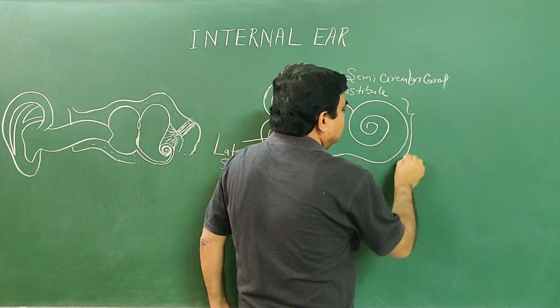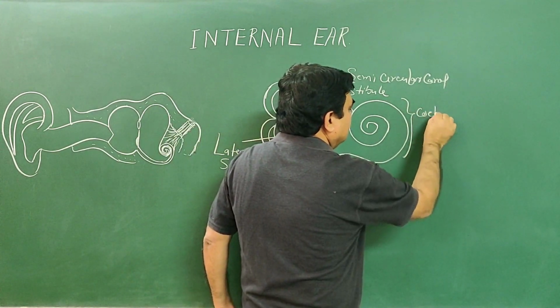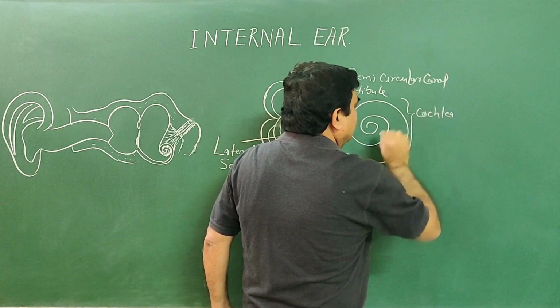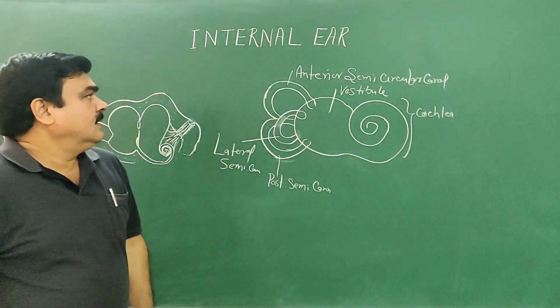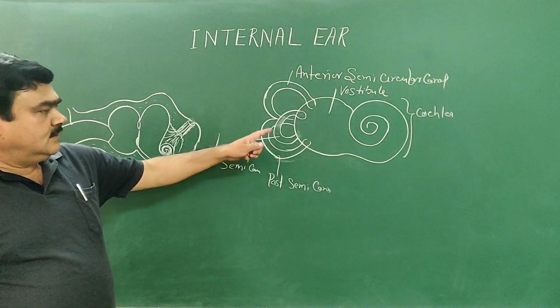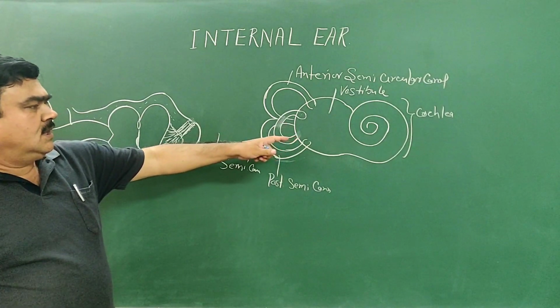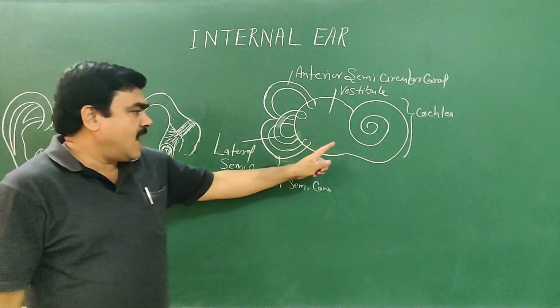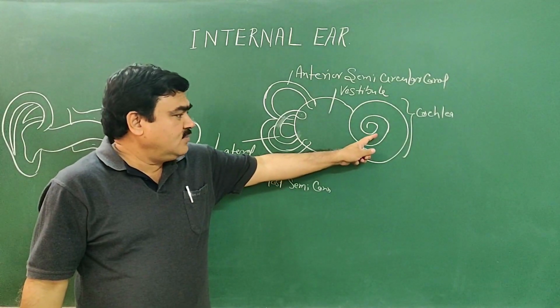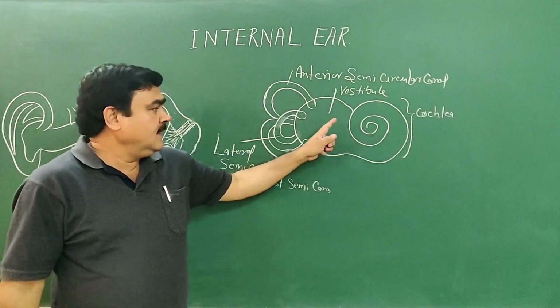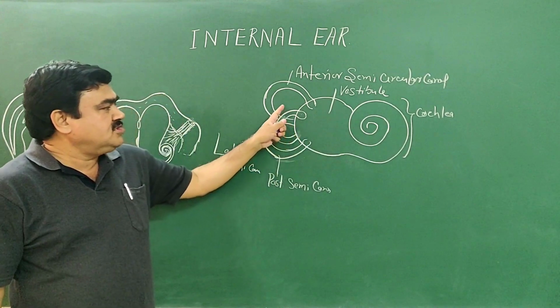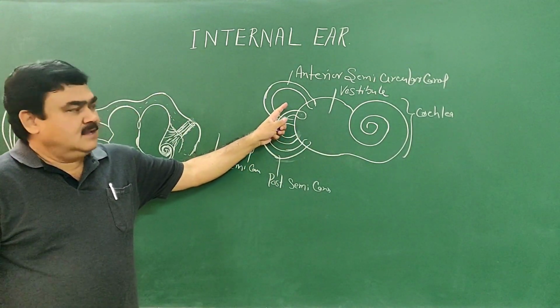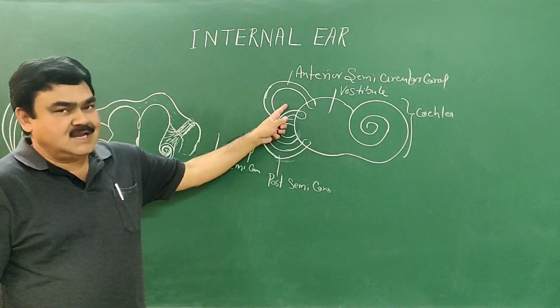Now we discuss the cochlea. In the internal ear, the anterior most structure is the cochlea, then the vestibule, and this is the posterior most structure. Anterior, middle and posterior structure.